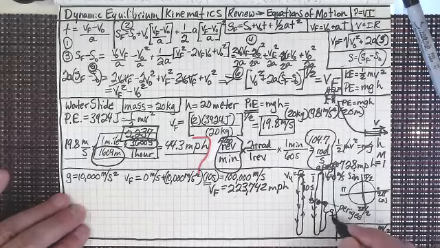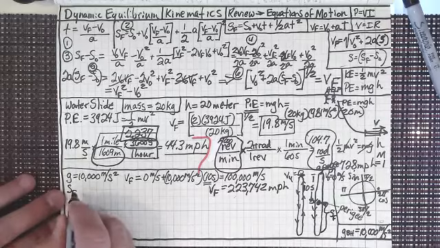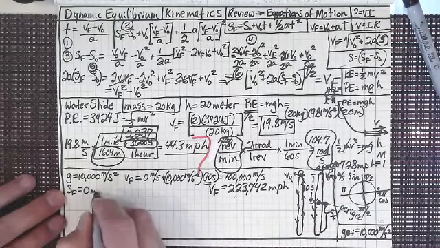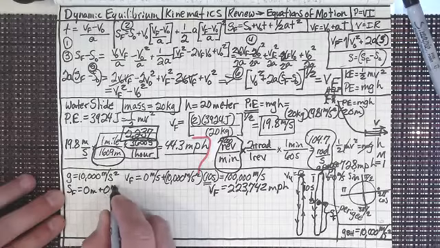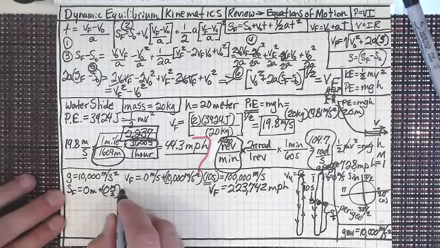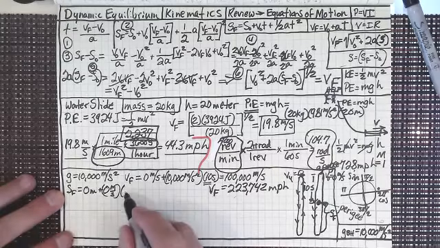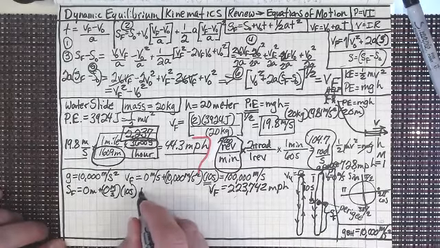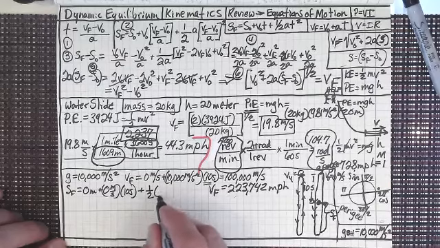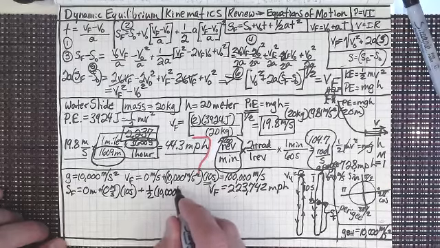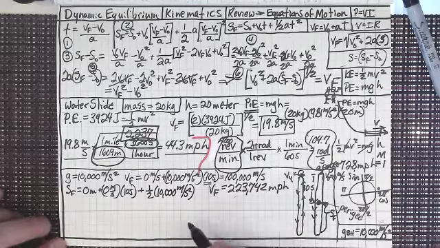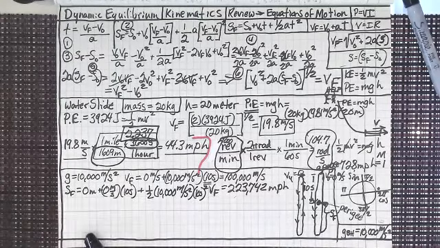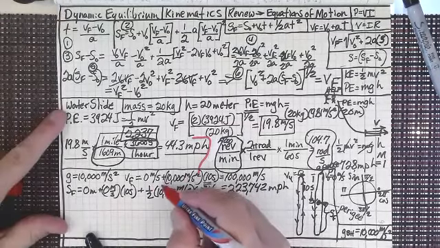Well, the distance we cover is the original distance, we'll say that's 0, wherever it is, 0 meters, plus 0 meters per second times time, 10 seconds, that's 0, plus 1/2 times the acceleration, 10,000 meters per second squared, times 10 seconds squared.